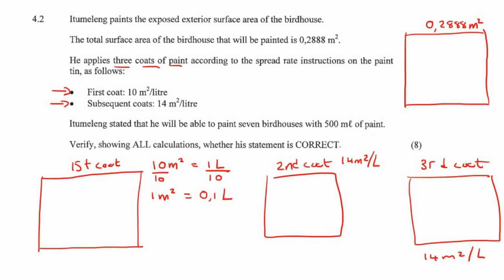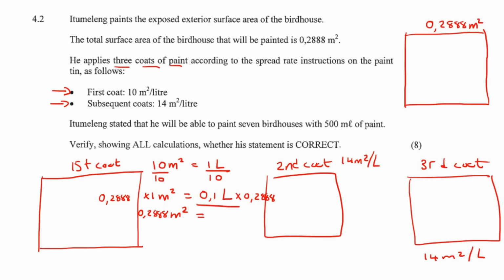Now, if we multiply this by 0.288, and we do the same on this side, then what would this become? Well, that would become 0.2888.